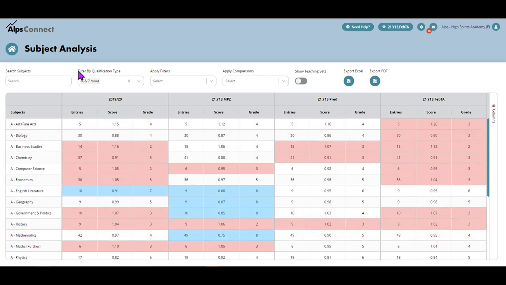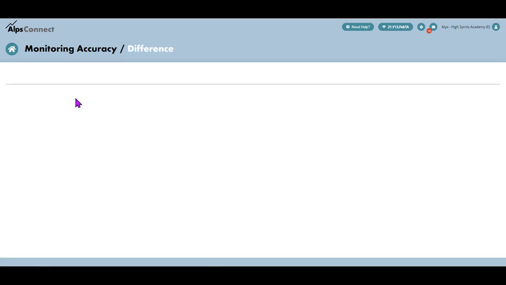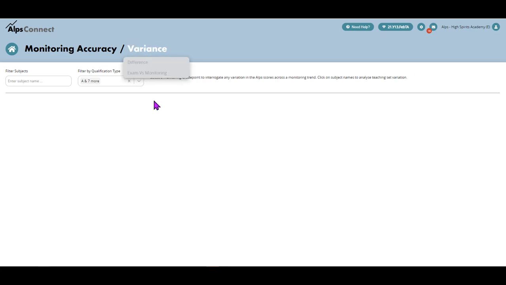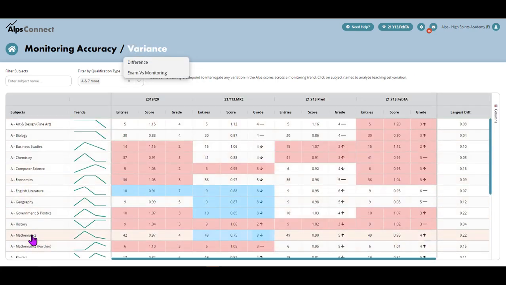So if we just jump now into the monitoring accuracy area, it does give me a little bit of a hand. I'm going to start with a variance tab, even though it jumps to difference, and then let's look at maths again. Can you see that you've got here the 4 grade points that we had selected, and you're looking at that grade 8 there and then that grade 4 there, and it's actually giving you the biggest difference.